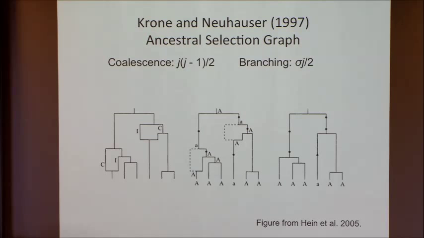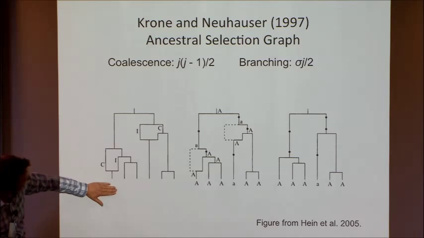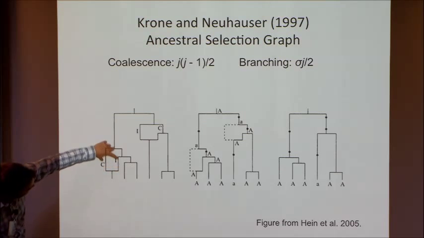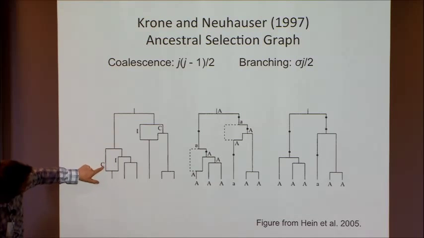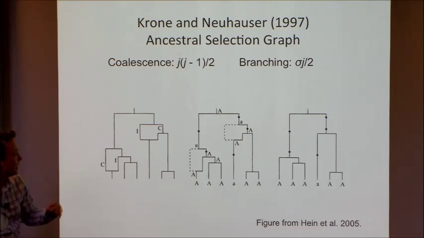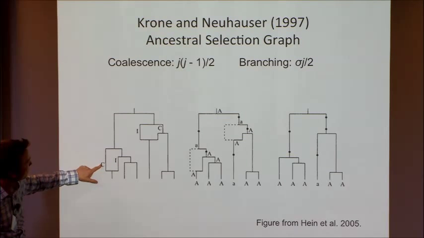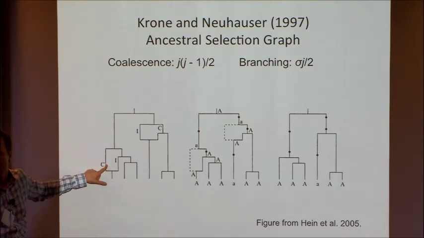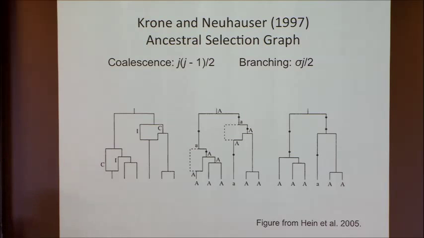If you look at this genealogy here, you have this branching event, and then you label the 2 new branches, one as the incoming branch and another as the contributing branch. What is it called? The incoming branch and the contributing branch, I think.